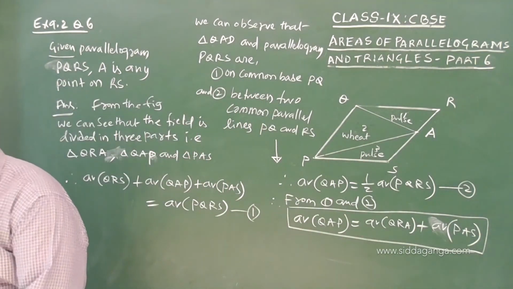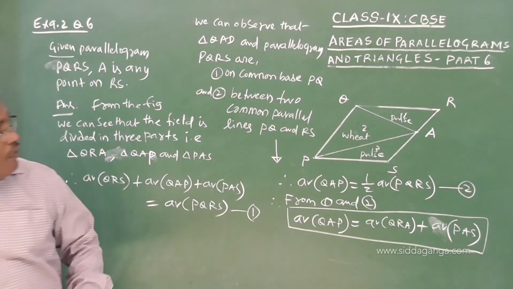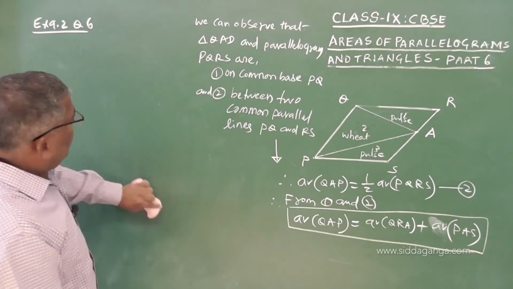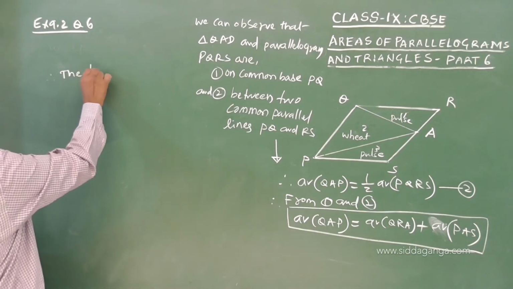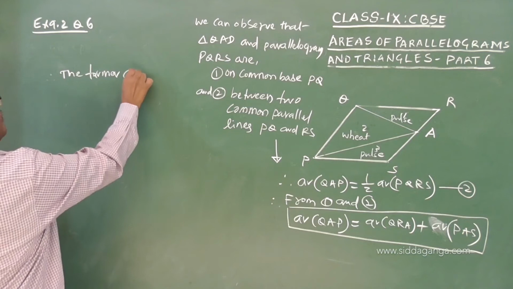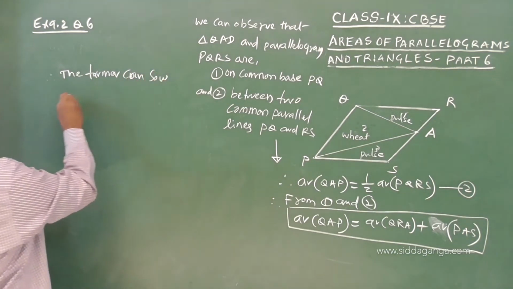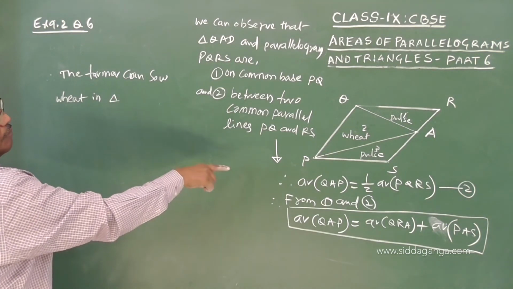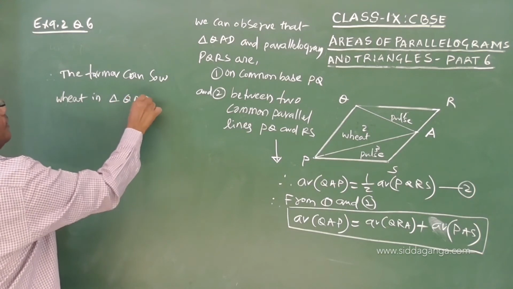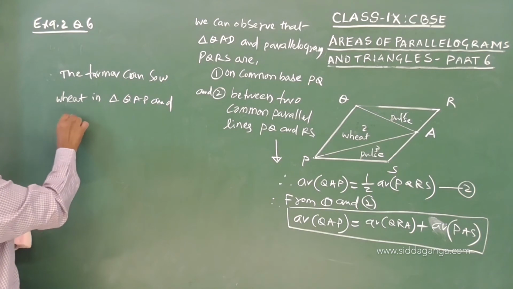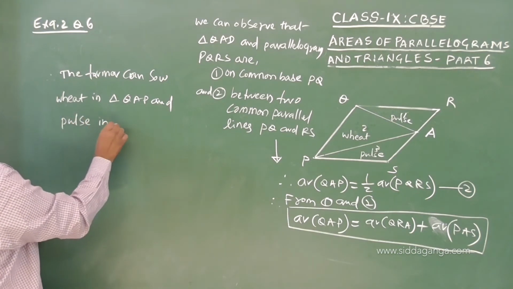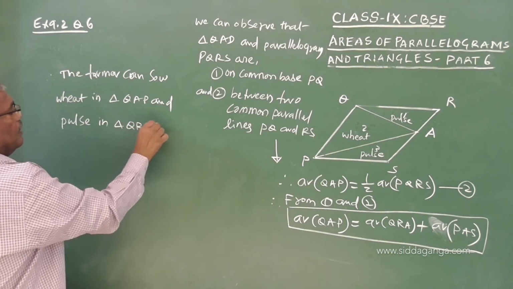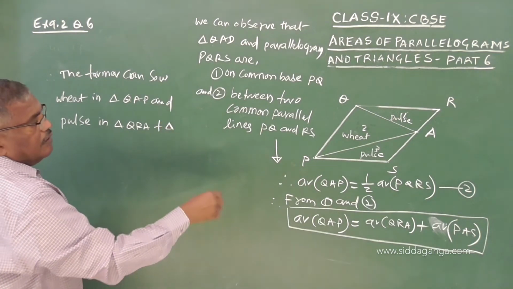So, therefore, you can write the sentence: therefore, the farmer can sow wheat in triangle PQA or QAP and pulse in triangle QRA plus triangle PAS.